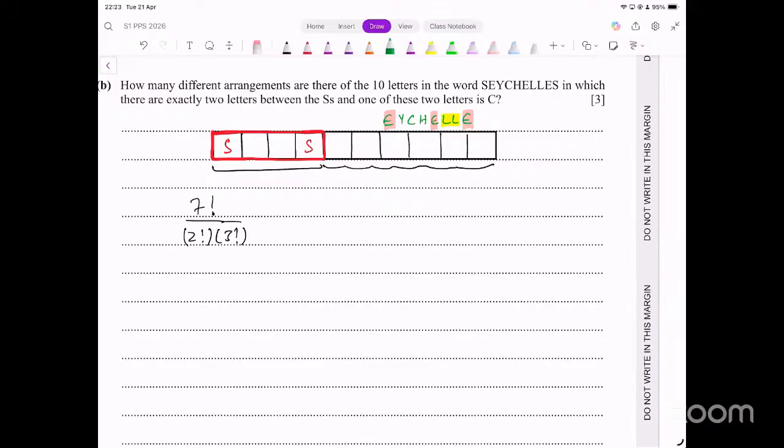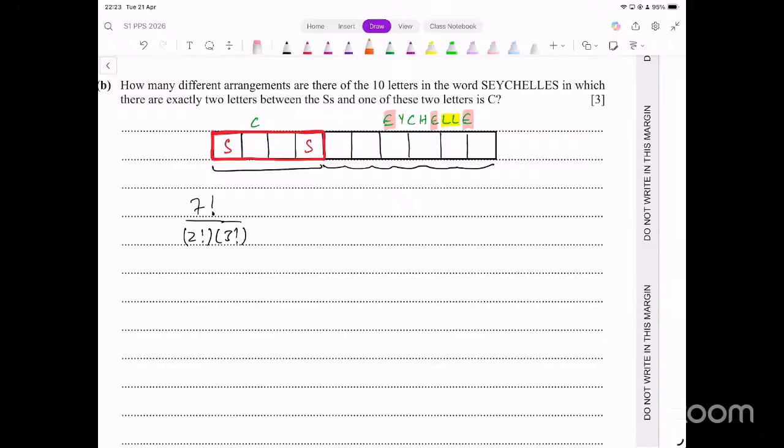We know for sure C is going to come in one of these 2 places. What about the other letter? The other letter could be any one of the remaining 7 letters.